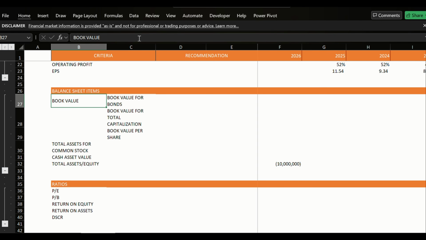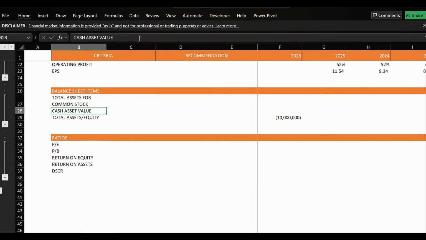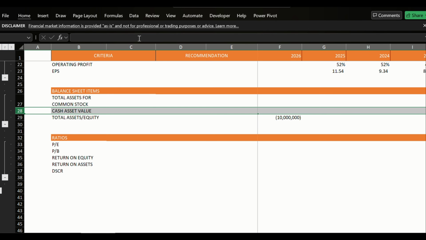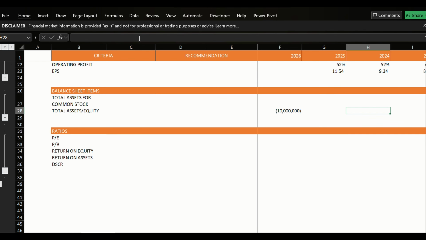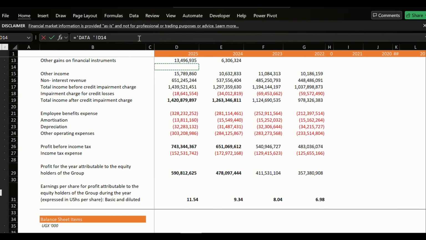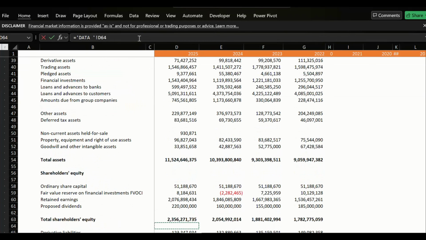Book value, I don't think I'm interested in that at the moment. Minus assets for common stock, cash asset value, total assets divided by total. Okay, cash asset value, I don't think I'm going to waste my time on that. For assets for equity, it's about the total assets.